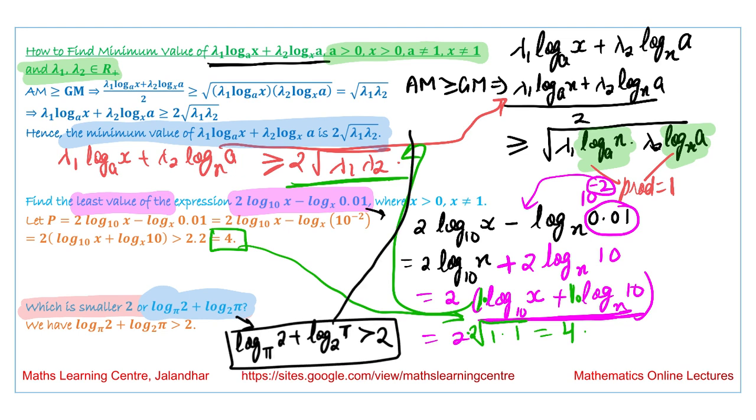We are using this result, 2 times the square root of lambda 1 lambda 2, and the value of lambda 1 and lambda 2 in this case is equal to 1. So we obtain that log 2 to the base pi plus log pi to the base 2 is greater than 2. So the smaller number is 2.